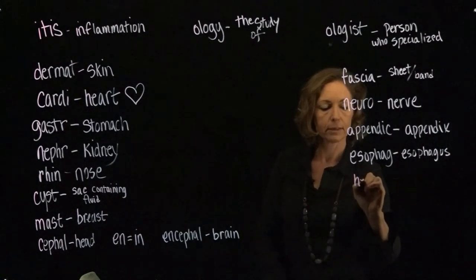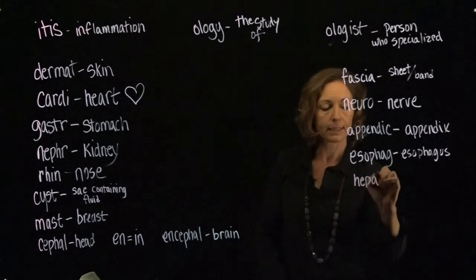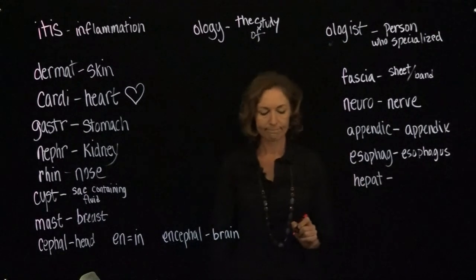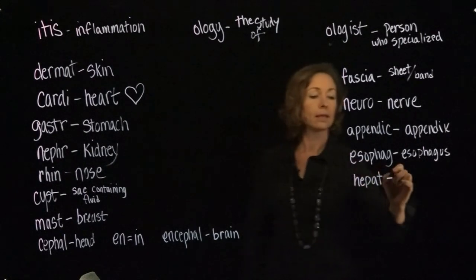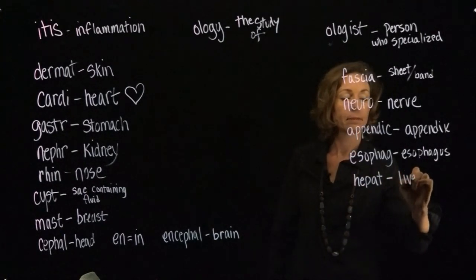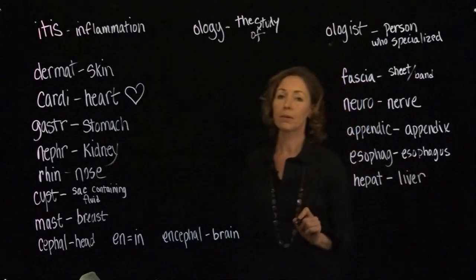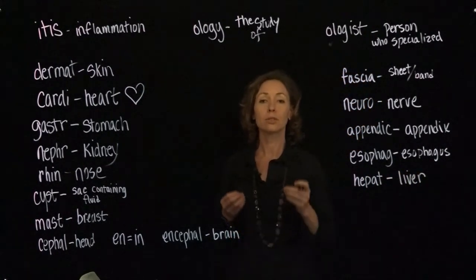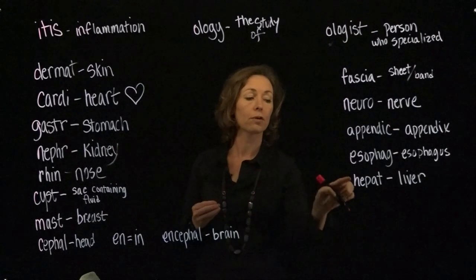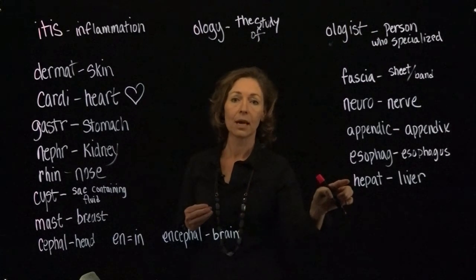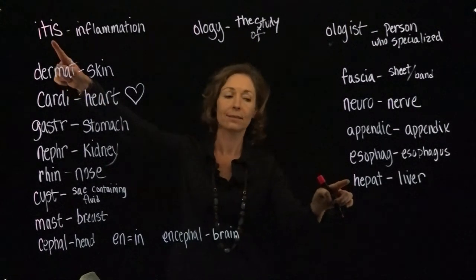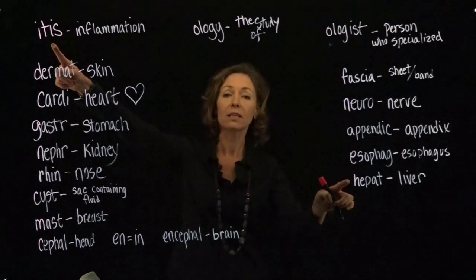Your next card is hepat. Hepat means liver. And you can remember this one pretty easily because I'm sure you've all had your vaccinations for hepatitis. And remember, hepatitis is an inflammation of that liver.